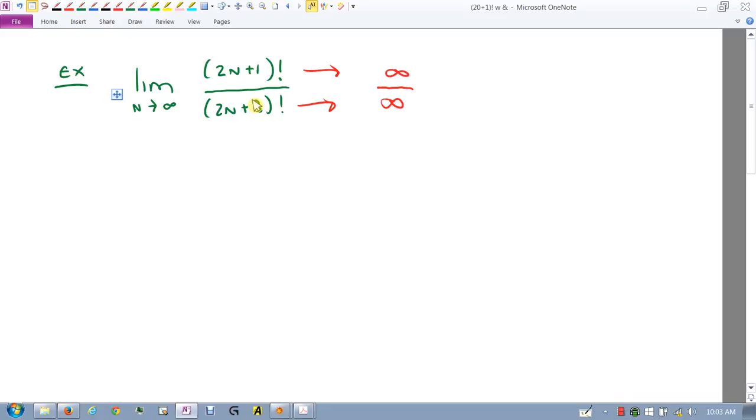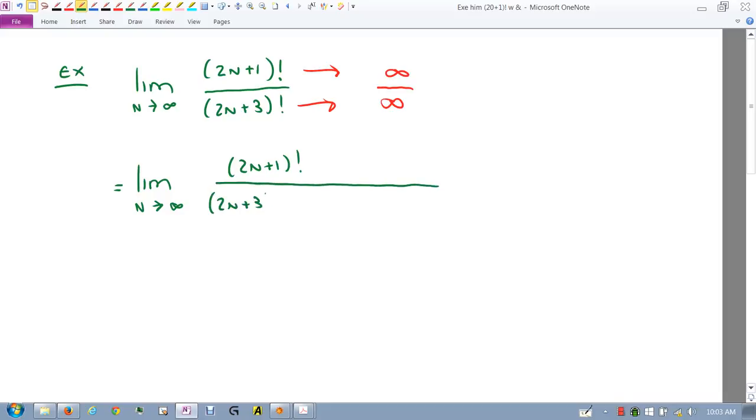So how are we going to do the workaround? Just simplify it first, right? We simplify it. Which one's bigger? The bottom one. So we're going to start peeling away the bottom one. And when I peel away the bottom one, I start with 2n plus 3. Then next one is 2n plus 2. And the next one is 2n plus, oh, that's it right there, right? 2n plus 1. And then I factorial after that, so I don't have to keep writing it out. Cancel.